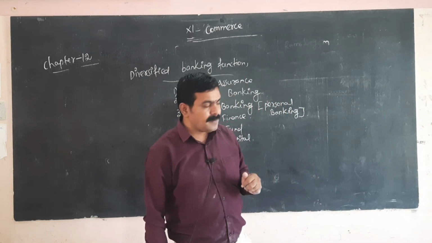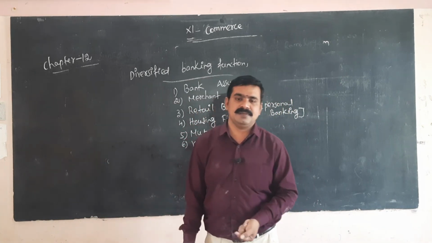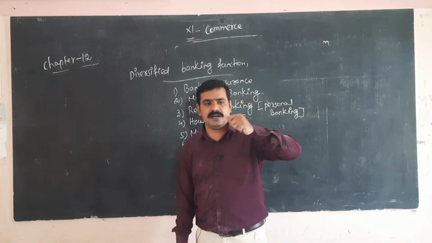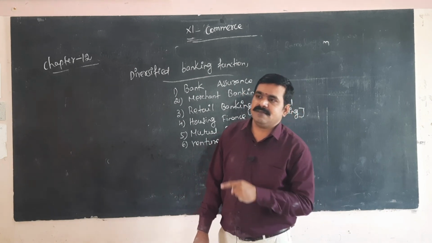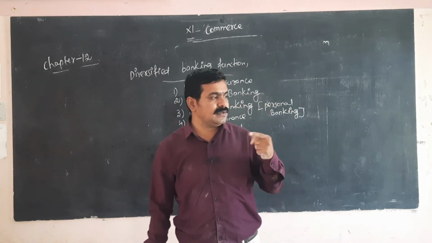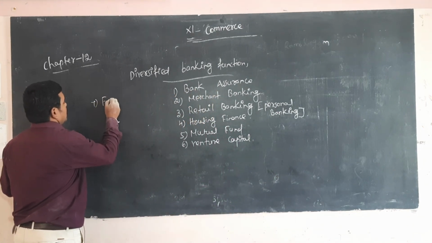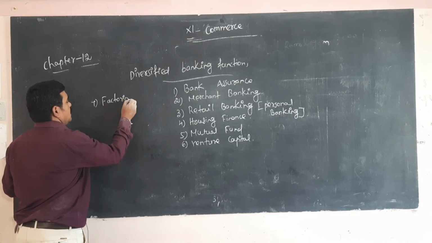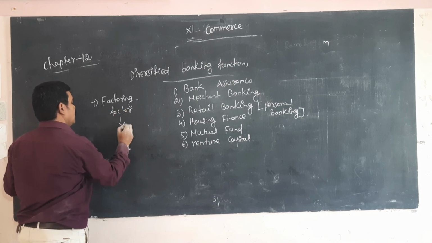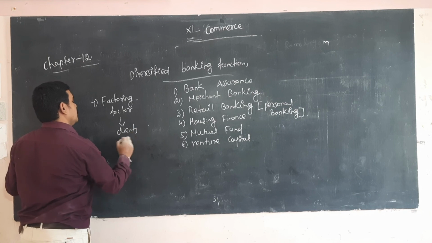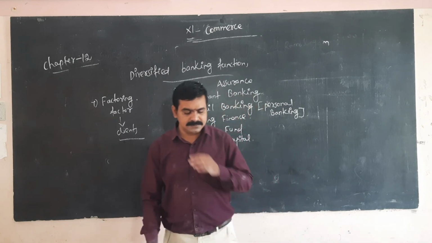Next one, factoring. There are a factor and clients. The business concern, that is you as a businessman, is the client, and the factor is the finance intermediary. When you get some amount from the finance intermediary, that is factoring.